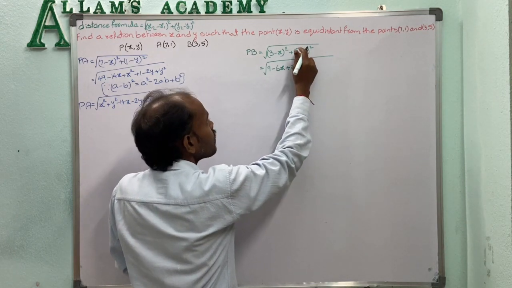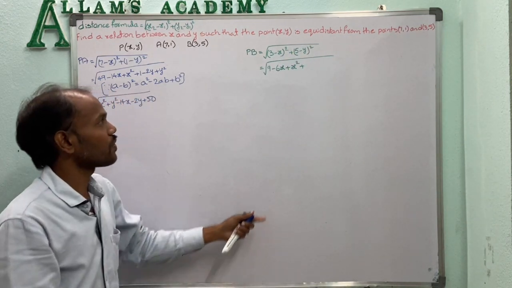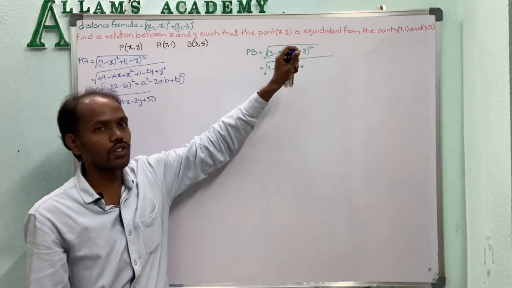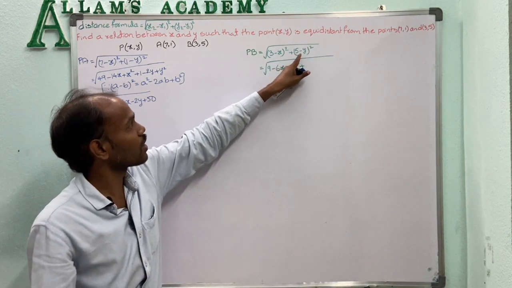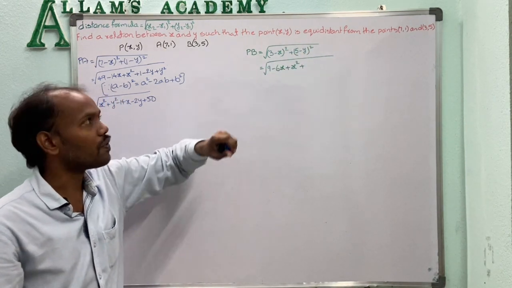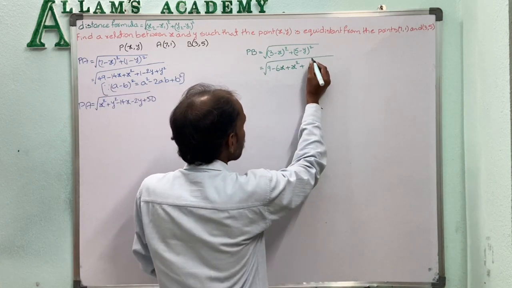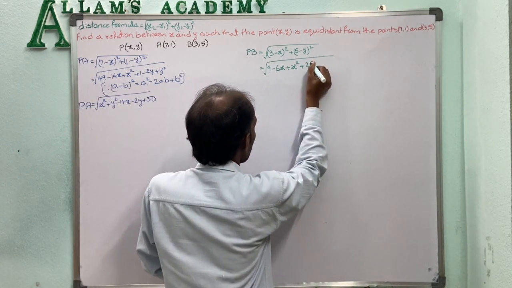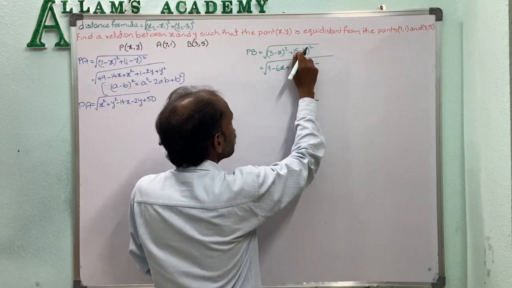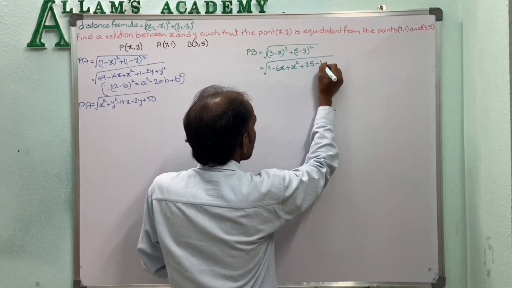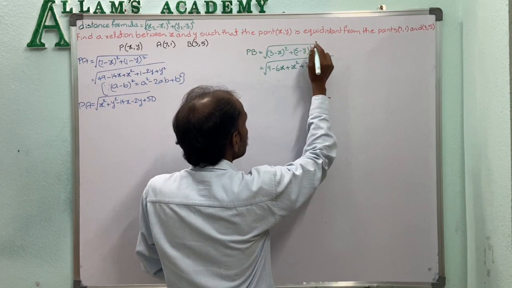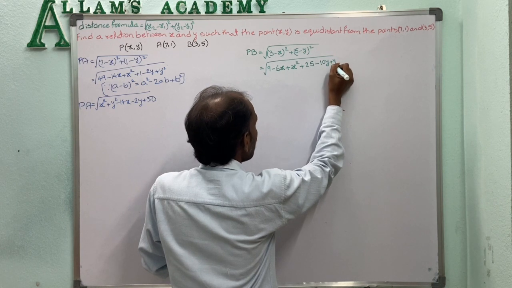Then again in 5 minus y whole square, a equal to 5, b equal to y. So a square equal to 5 square is 25, minus 2ab, 2 into 5 into y, that is 10y, plus b square, that is y square.